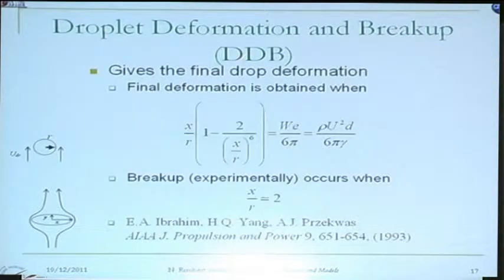So Ibrahim, Young, and Przekwas made a model named the droplet deformation and breakup, which gives the deformation ratio of the droplet. They suppose that the droplet deforms into a spheroid. A spheroid is a kind of ellipsoid, but very symmetric. Here you have the big axis of the spheroid, and they found that the breakup occurs when the ratio of the great axis to the initial one, that is the deformation of the droplets, was about 2.